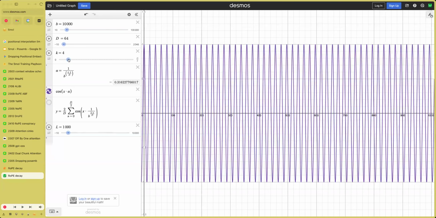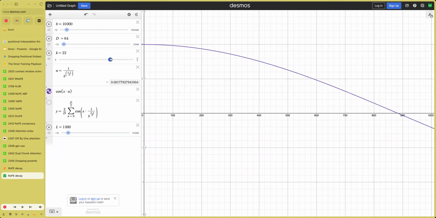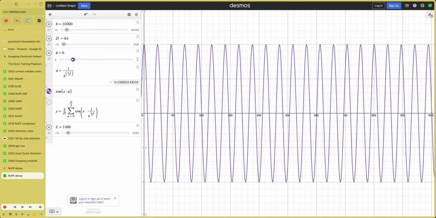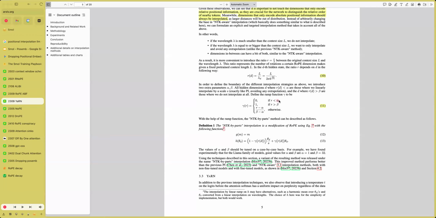So only for frequencies like this, we do apply the base frequency modulation. But for frequencies like this, we just don't do anything. And this is what this formula says.